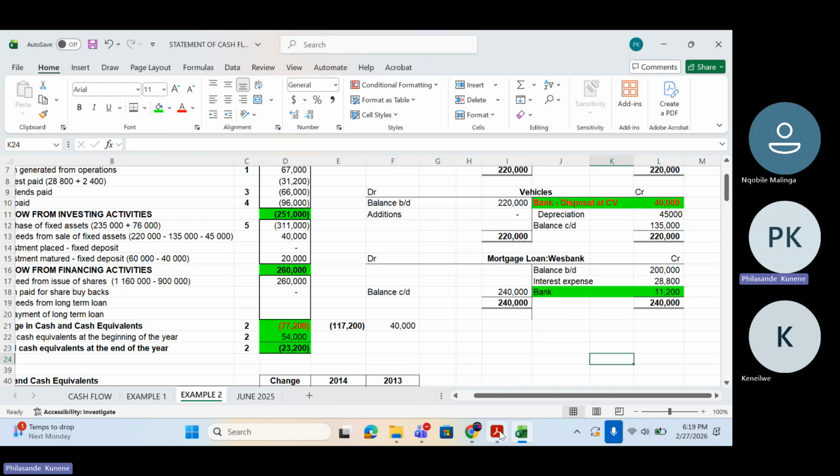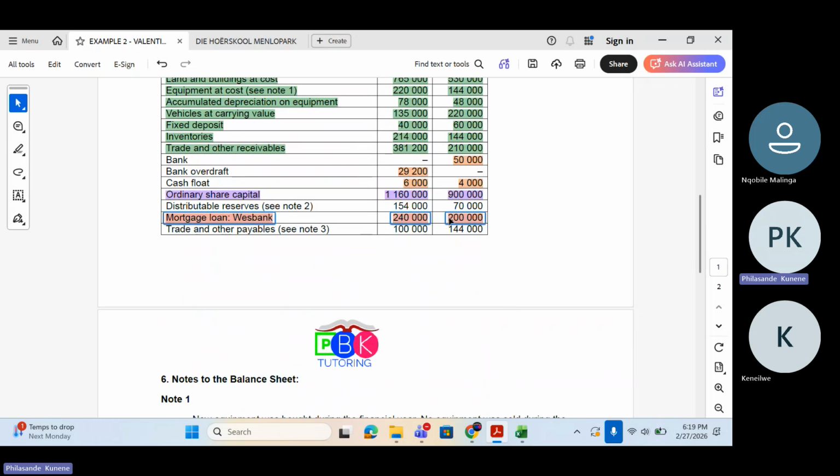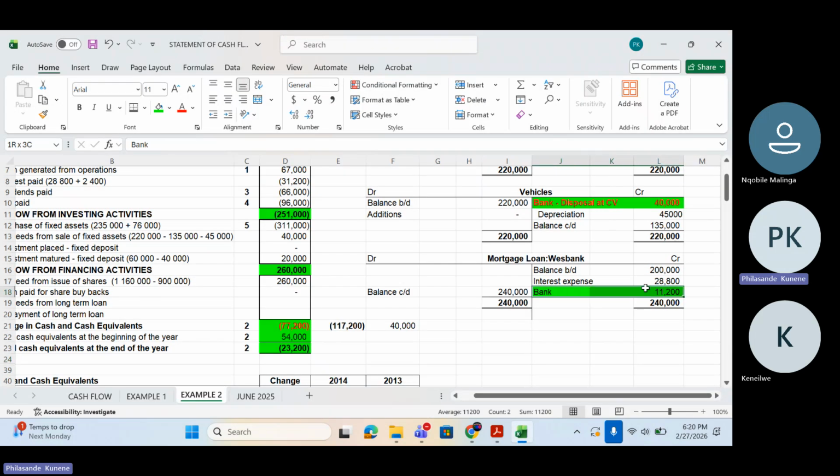It is 11,200. Not really the 40,000, but looking at the numbers here, obviously they show that we received additional 40,000 rands. But the exact amount that we received is 11,200 cash. But it makes 40,000 if we add this interest.